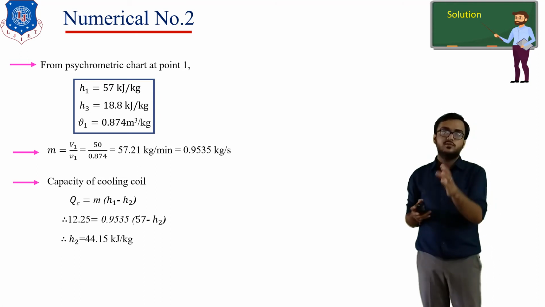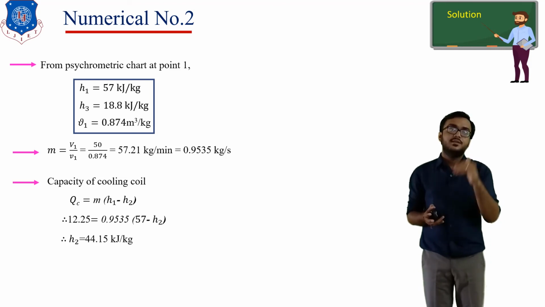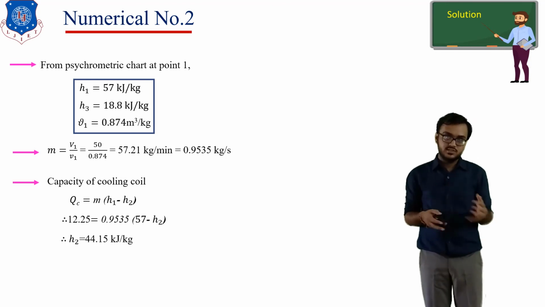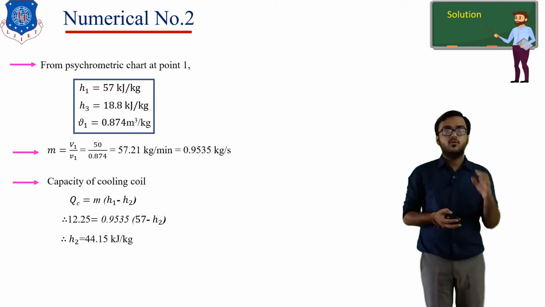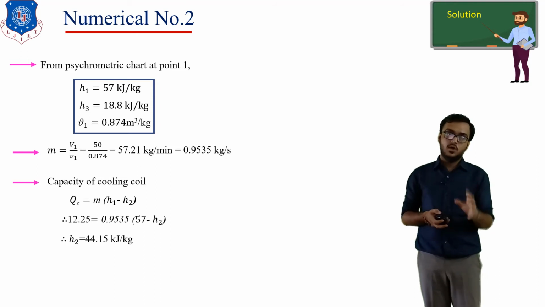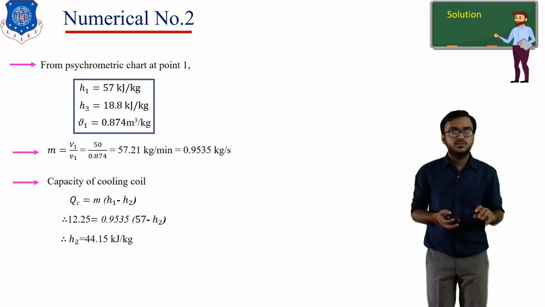We have enthalpy H1, mass flow rate, and the total capacity of the plant, so H2 is equal to 44.15 kJ per kg.